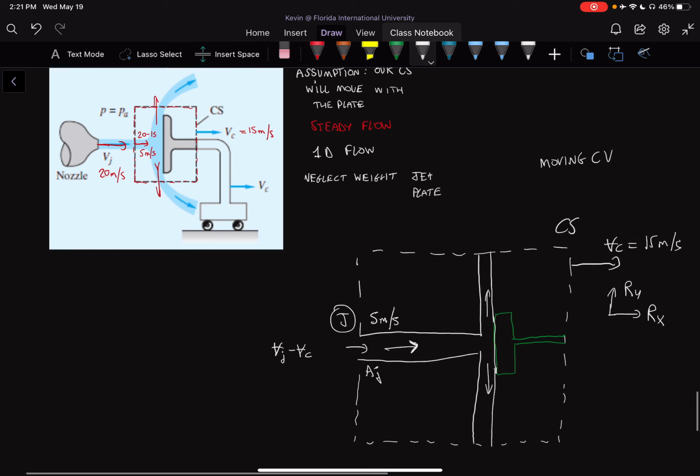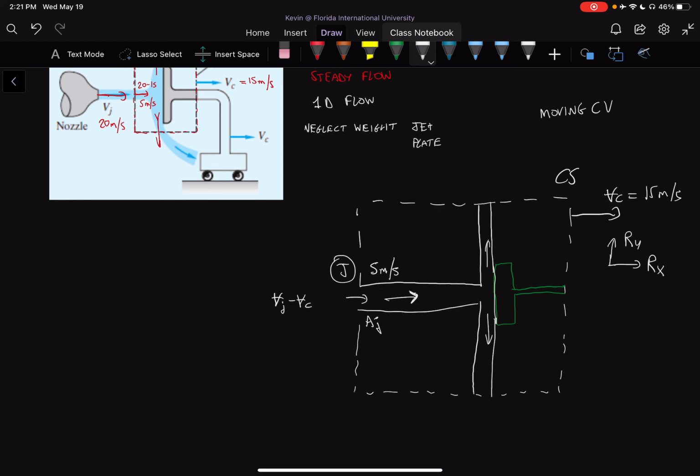And some of the other information we have is that the flow splits in half. So that means that if the flow splits in half, the flow coming out of here is going to have, so we'll call this 1 and we'll call this 2. We know that the area 1 is going to be equal to Aj divided by 2.